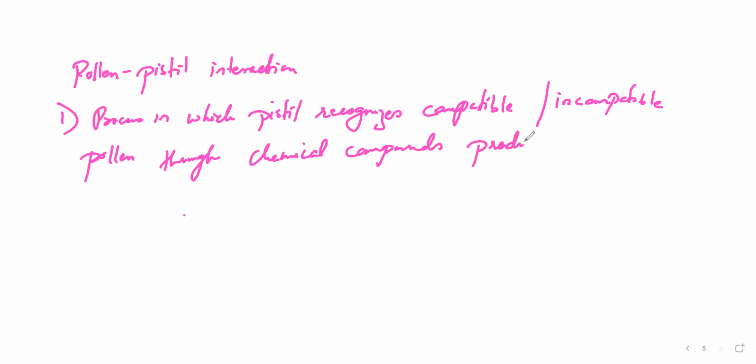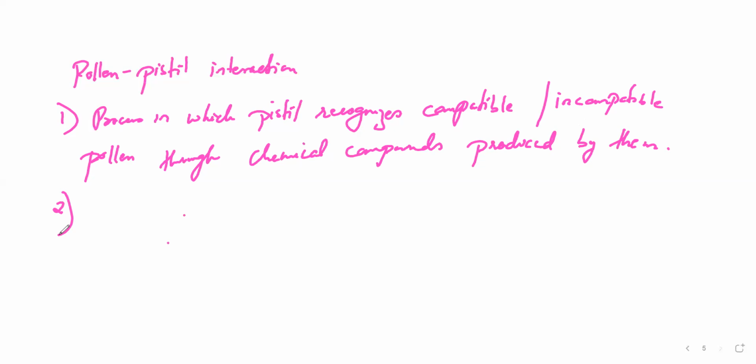In common sense, if the pistil accepts the compatible pollen, pollination events are going to occur, and the rest of the fertilization will take place.